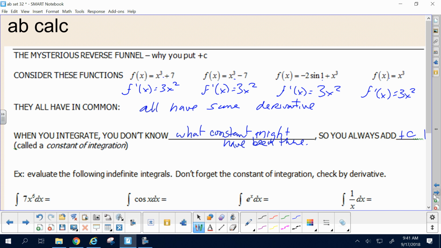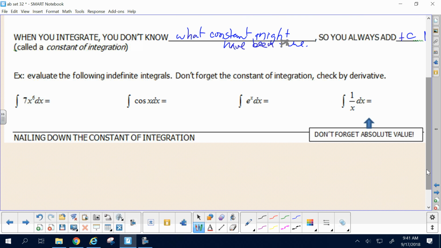Instead, you'll see an integral. This means the same thing, but with a lot less writing. The derivative is 7x to the 6th. What was the original? Okay. So when you see that indefinite integral, you're putting an antiderivative.